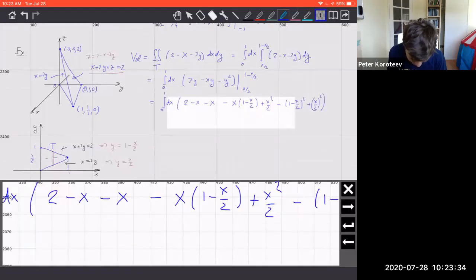And so with a calculation here: 2 minus 2x minus x plus x squared over 2 plus another x squared over 2.